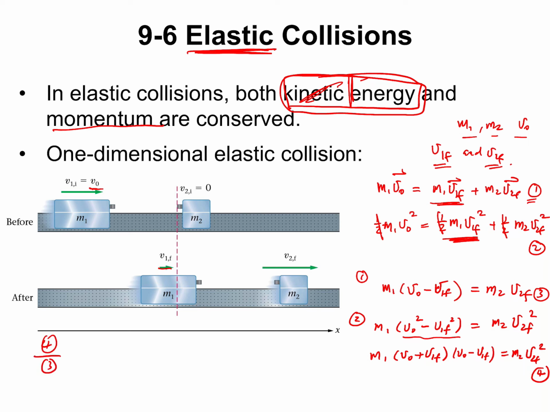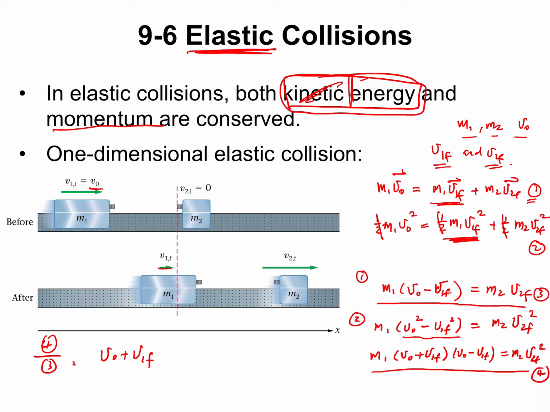Next, you let 4 divided by 3. Left side divided by left side, right side divided by right side. On the left side, m1 cancels and v0 minus v1f cancels, so you only have v0 plus v1f.